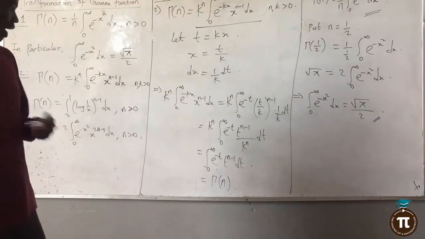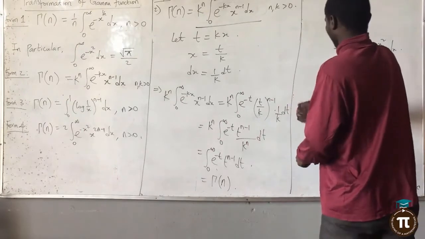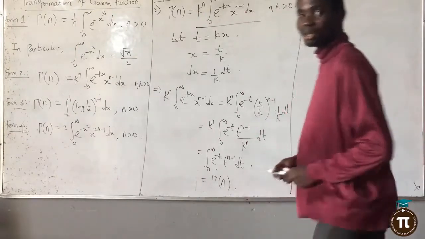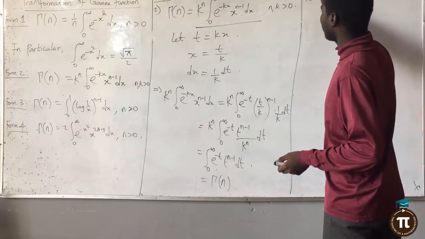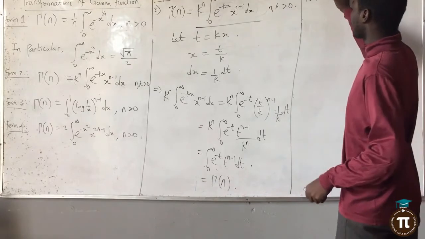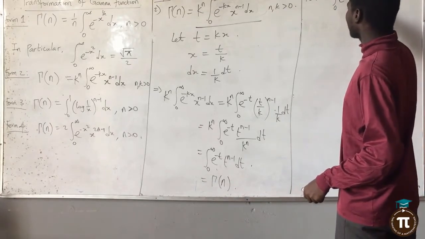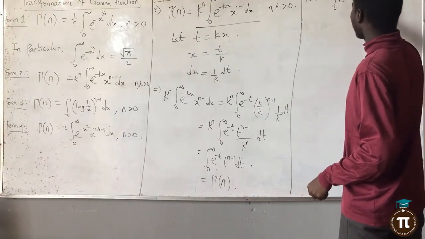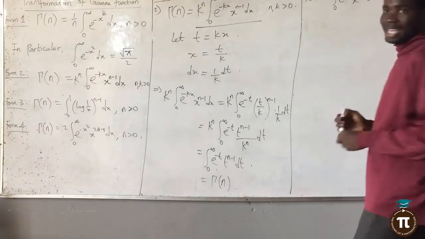At the end of the day, we can see that gamma of n also can be written as k raised to the power of n integral from 0 to infinity e raised to the power of minus ks, s raised to the power of n minus 1 ds.